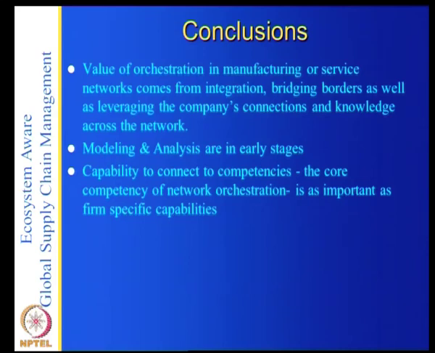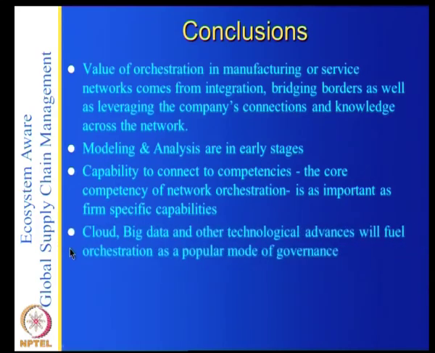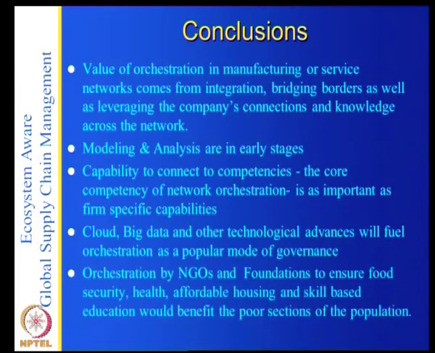That's also an important thing. And cloud, big data and other technological advantages will fuel orchestration as a popular model of governance in the future. Currently, you have to communicate with your partners. How do you communicate? It's now cloud computing and also big data analysis and machine learning algorithms. They basically come in in a big way.